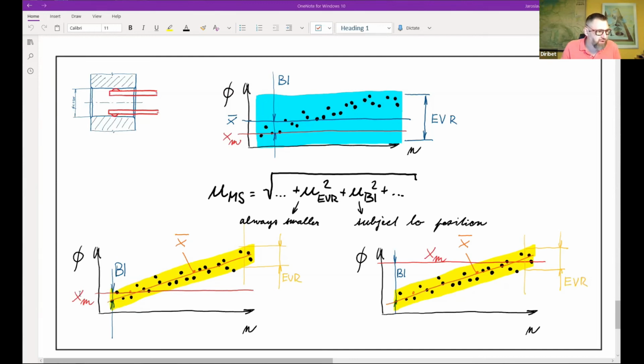So if the correct value, the xm, is somewhere in the vicinity of the first measurement, then the uncertainty from bias will also decrease. But if it is somewhere in the vicinity of the last measurement, the bias to the first measurement increases.